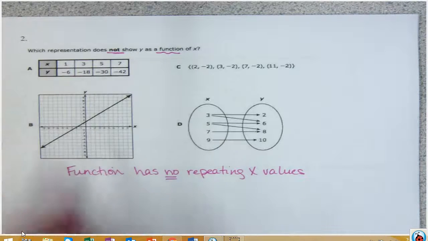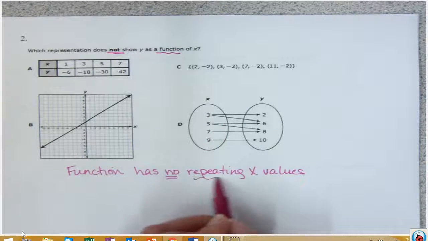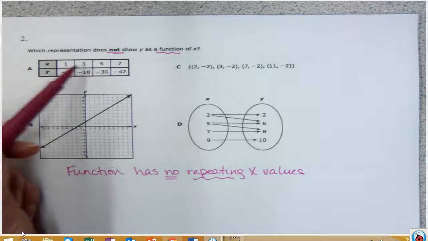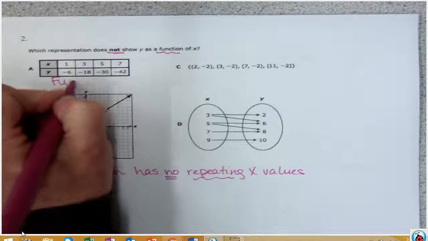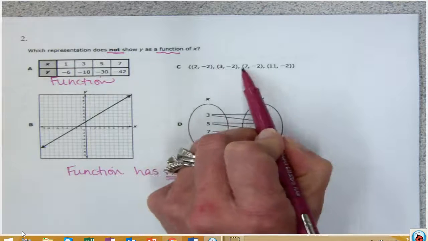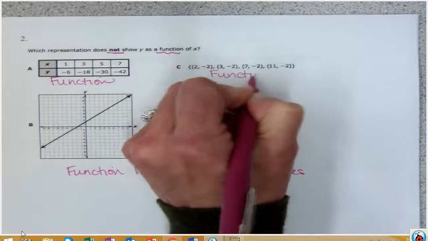So we're going to look and see which of these show us repeating x values. Here we have 1, 3, 5, and 7. That would be a function. Here we have 2, 3, 7, and 11. That would be a function.